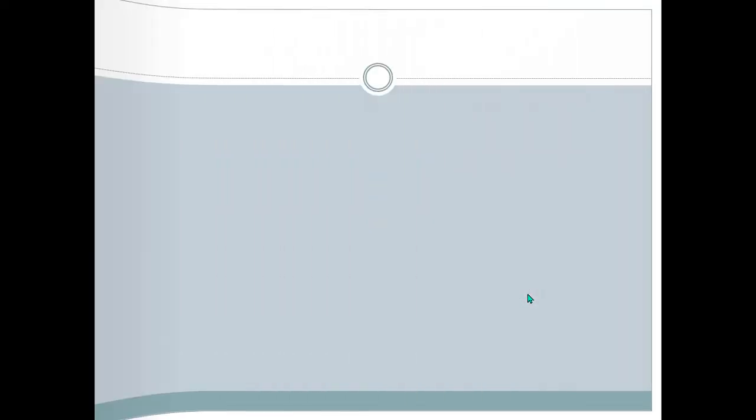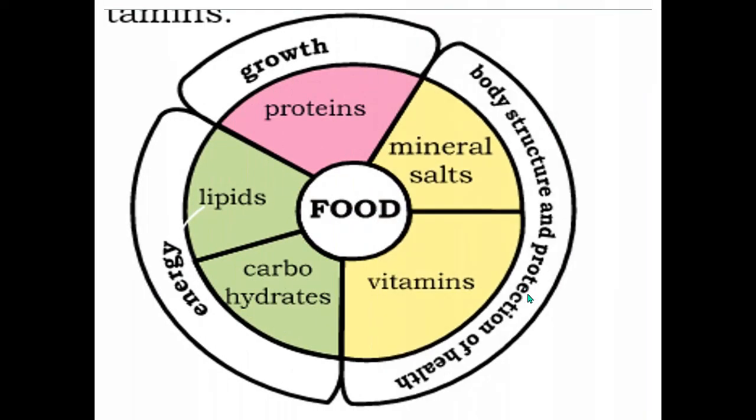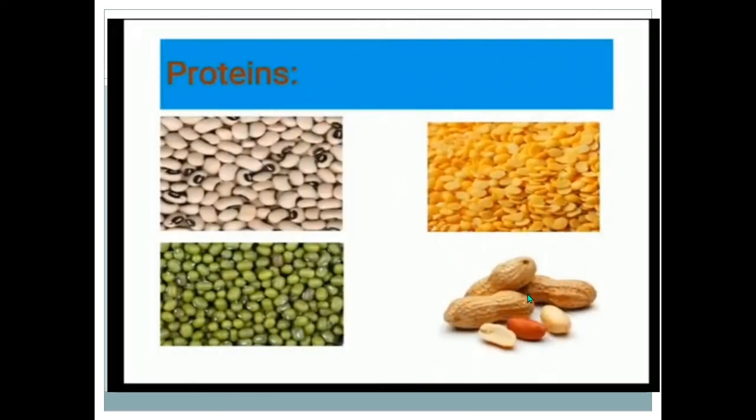Now the next nutrient, the second nutrient, is protein. What are the food items which contain protein? Here I have given some examples. The first picture is cow beans. You are all familiar with cow beans, isn't it?